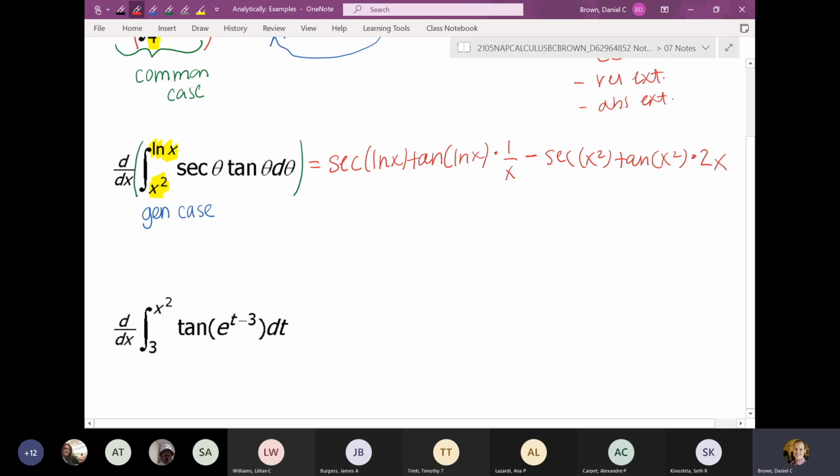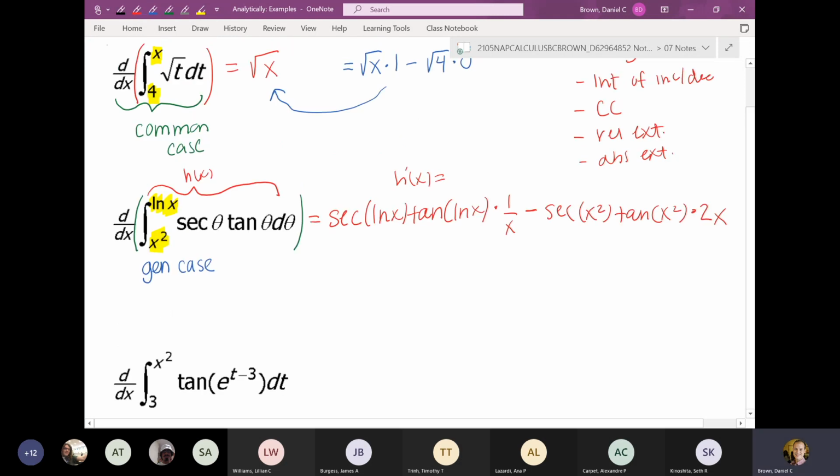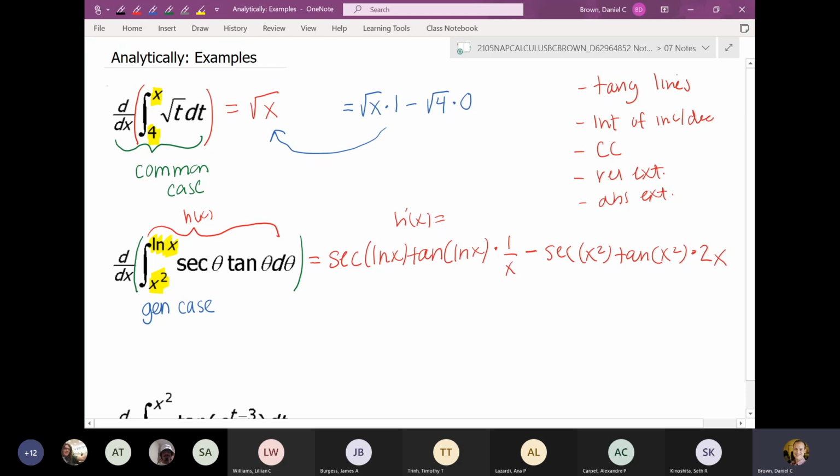That expression in red would be the derivative. If I said this integral defined function was, say, like h of x, what we have in red would be what h prime of x would be equal to. Questions or concerns so far?